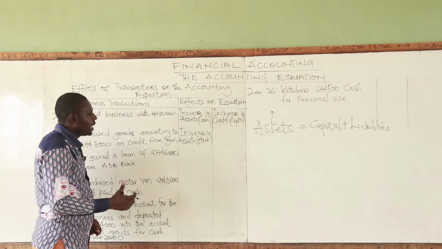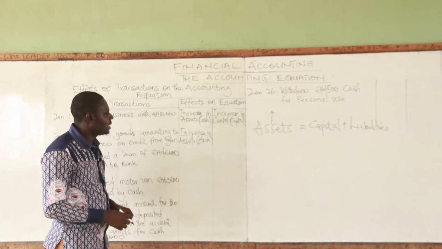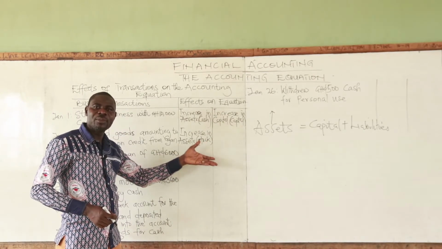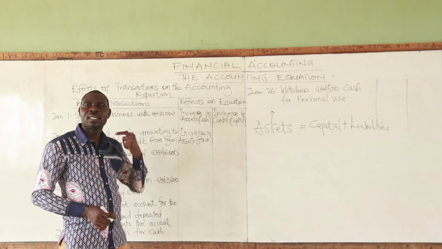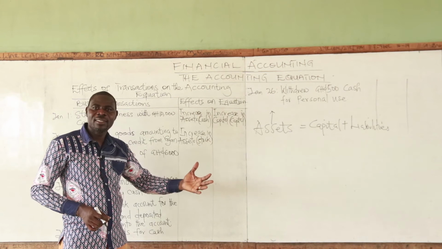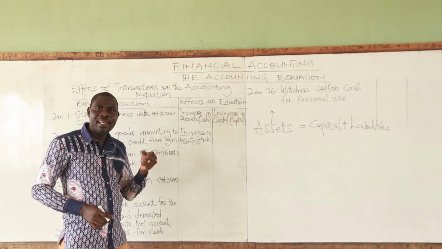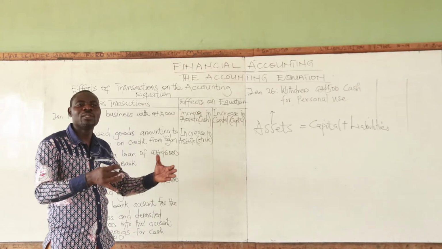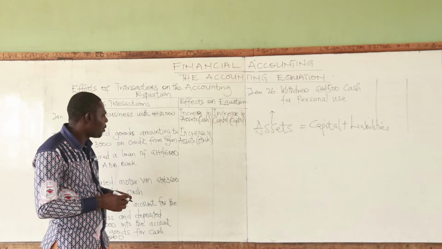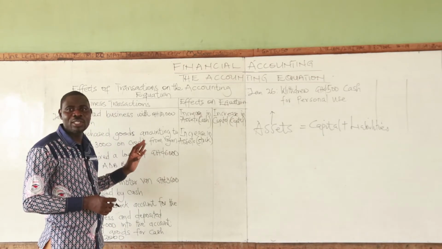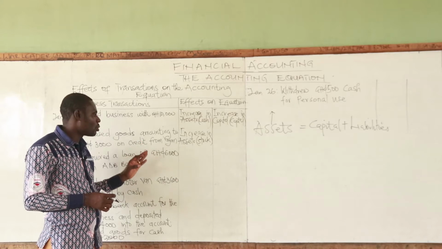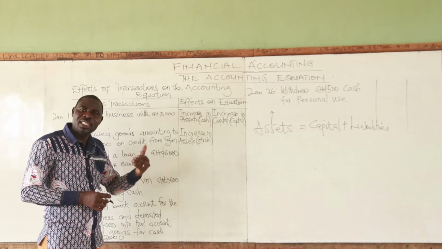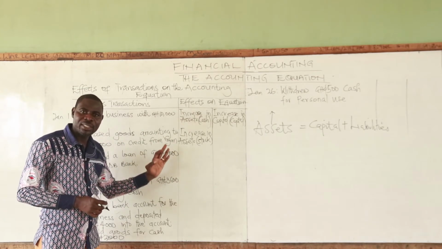What else will happen? In this case, it is not going to be capital, but liability, because the business now owes an outside party. The goods didn't come from the owner of the business. The business itself purchased the goods from the market on credit from Jan. Jan is not the owner of the business. So what the business owes to Jan is not capital. It is what?